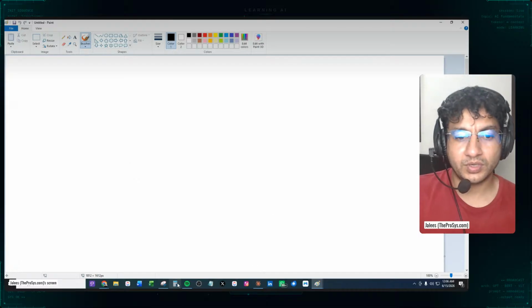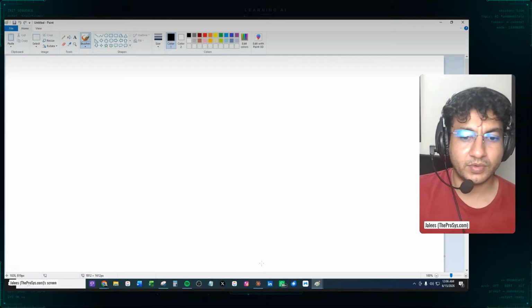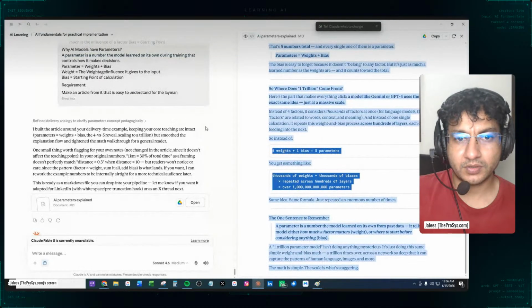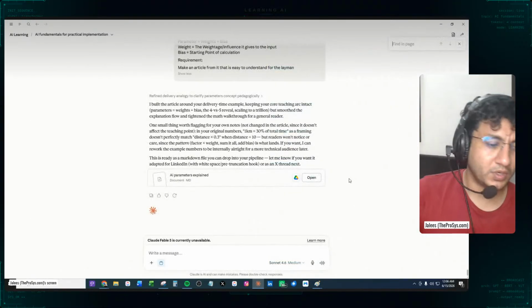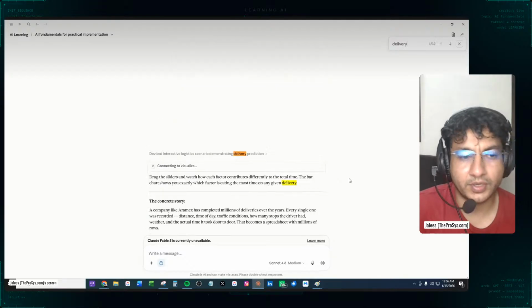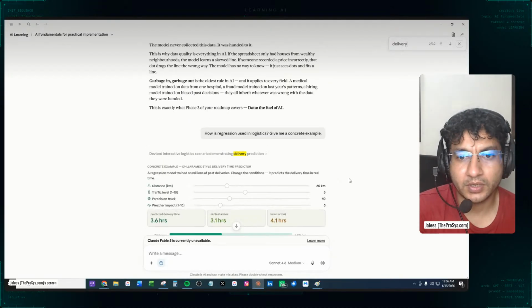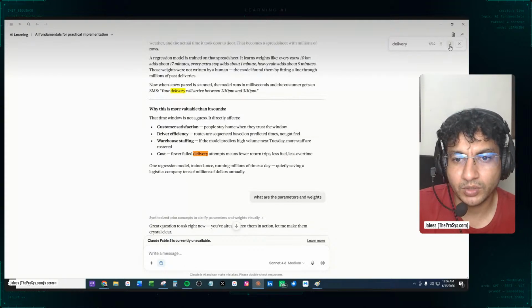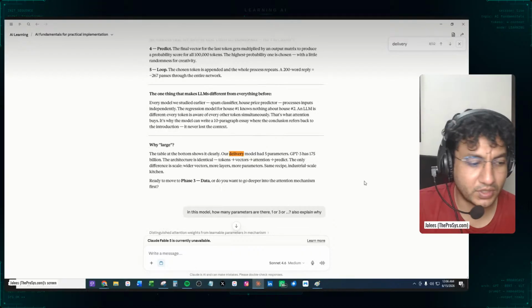Okay, so a delivery diagram, right? We can have this factor here, and here's the delivery part. If we already have a diagram of the delivery, then it's good. If not, then we can make it.